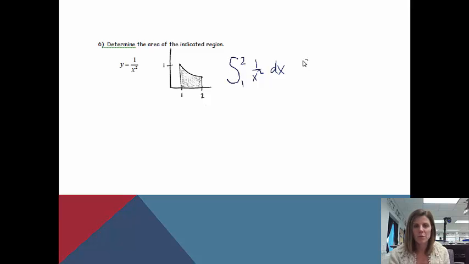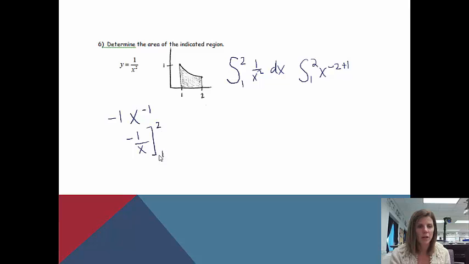So this will be the same thing as the integral from 1 to 2 of x to the -2. When I take the antiderivative of that, I increase my power by 1. -2 plus 1 is -1. Reciprocal on the outside is still -1. So if I rewrite this, this is going to be -1 over x. I'm going to evaluate it at 2 and 1. So if I plug in 2, I'll get -1/2.